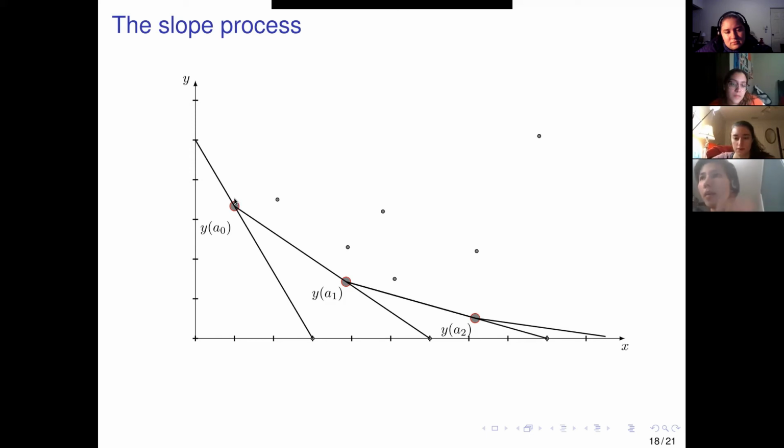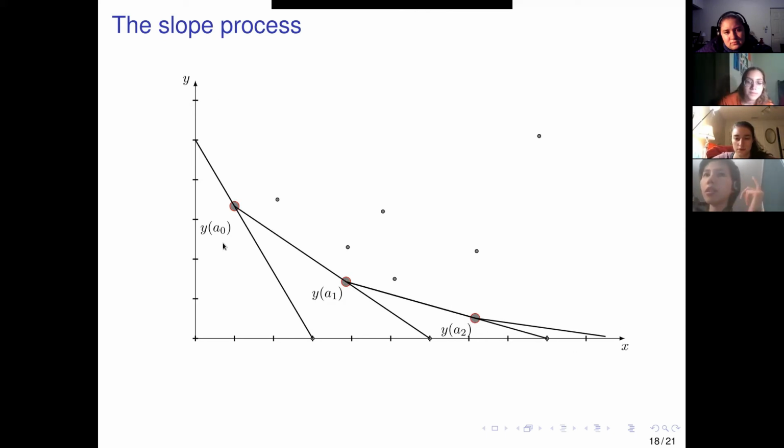Now I tilt the stick to make it more horizontal. As I tilt, I still discover this red one, but at some instant, the first time the stick is parallel to this black line, I discover 2 points, this one and that one. If I tilt further, my stick is anchored around this point, and I keep anchoring it around this point, tilting until I discover this one, and so on and so forth.